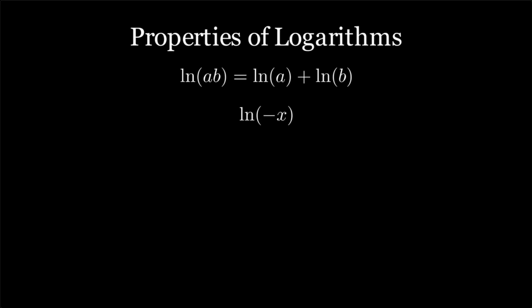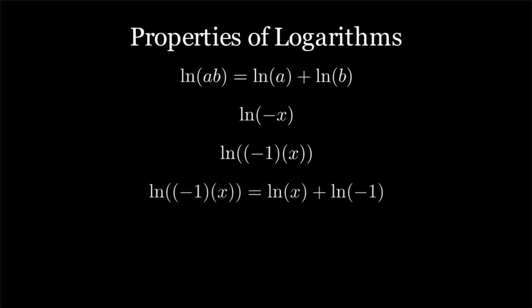All right, let's go into it. So the natural log of -x, we can imagine this as the natural log of -1 multiplied by x. You see where this is going? So now we can say that this is actually equal to the natural log of x plus the natural log of -1.